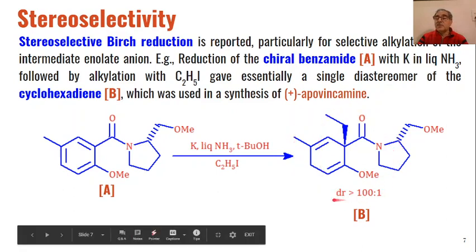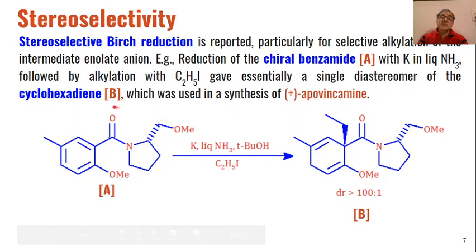And it has been found that the diastereoselectivity of this product formed is 100:1. That 100 times product formed is where this carbon is beta, and 1 time is when this is alpha. So the diastereoselectivity of this product is very high. So we can say this is the best example for stereoselectivity of Birch reduction.